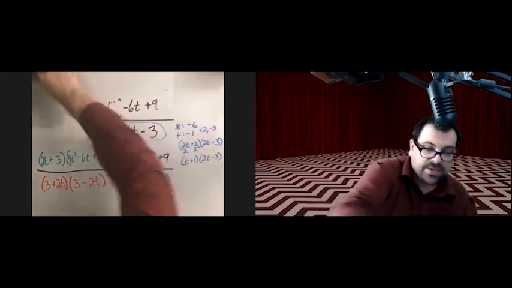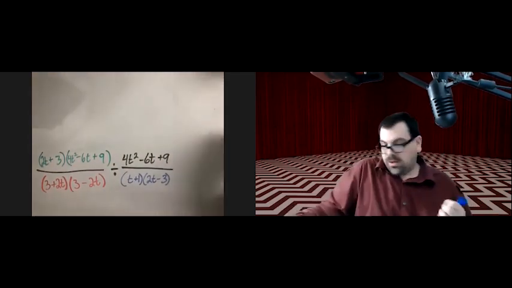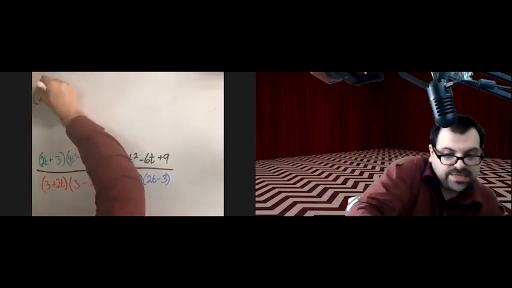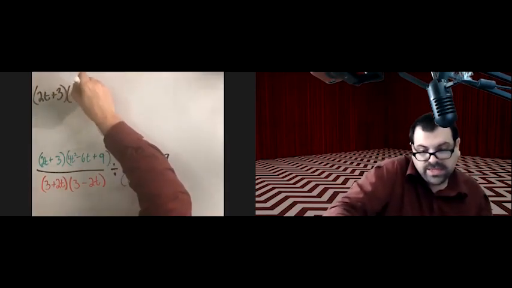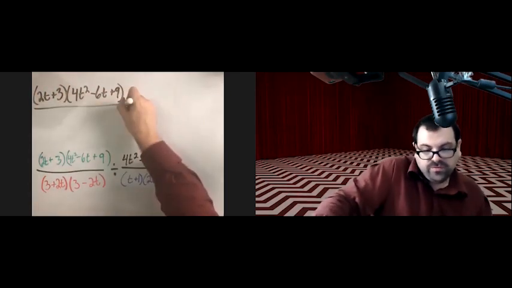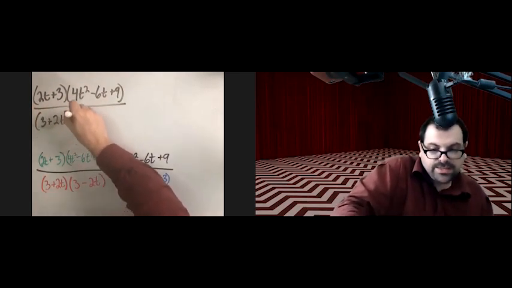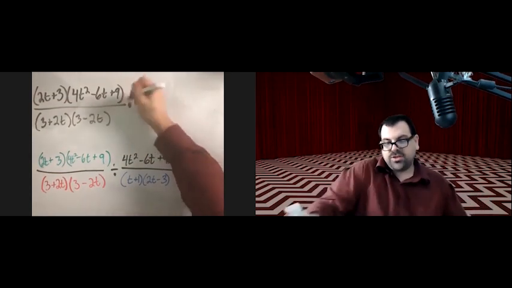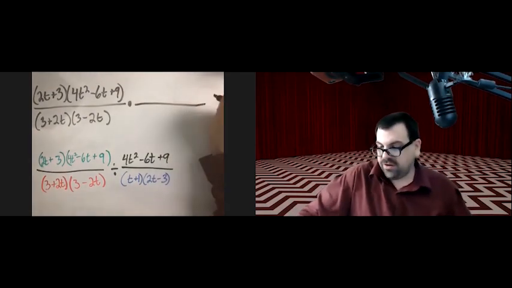And once we flip it to get a multiplication problem, we'll have, keep the first one, 2t plus 3 times 4t squared minus 6t plus 9 over 3 plus 2t times 3 minus 2t, times, changing division to multiplication, flipping the second fraction.